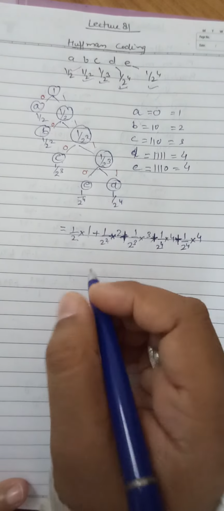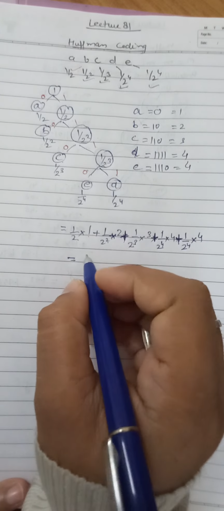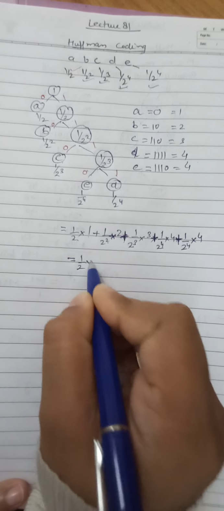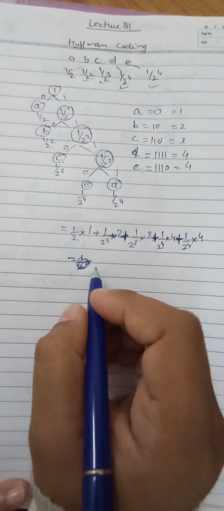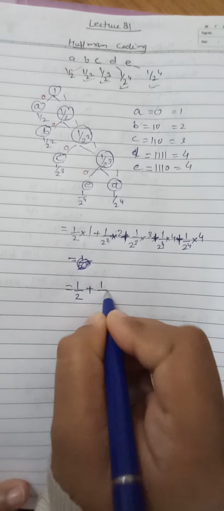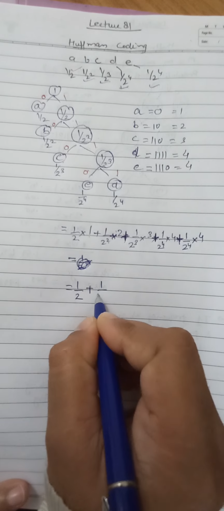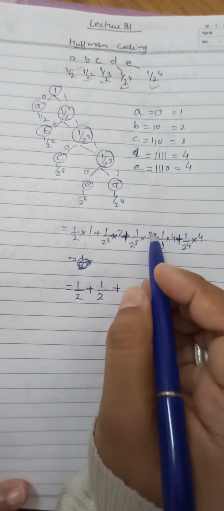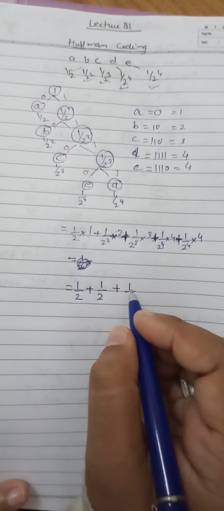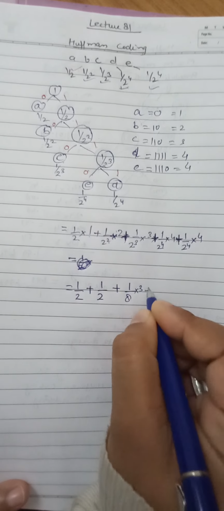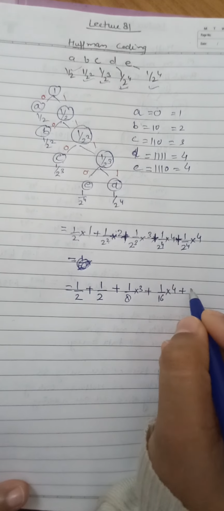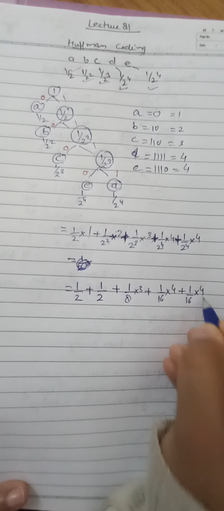So if we calculate it, then what will we get? If we do the calculation, 1 by 2 is left for this, plus again, 1 by 2, plus here 1 upon 2 to the power 3, that is 8, into 3, plus 16 into 4, plus 16 into 4.